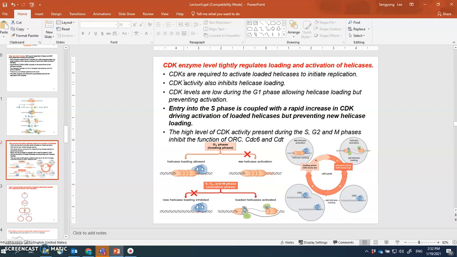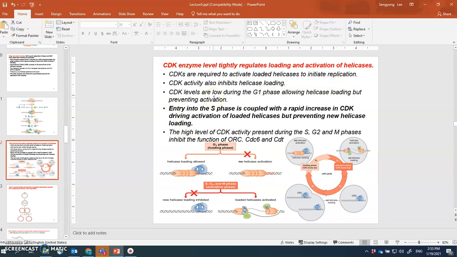CDKs are required to activate the loaded helicase to initiate replication. Although the helicase is already loaded, for it to break open the DNA, phosphorylation should take place. CDK activity also inhibits helicase loading. CDK levels are low during the G1 phase, allowing loading but preventing activation. It's just sitting there. It doesn't work.